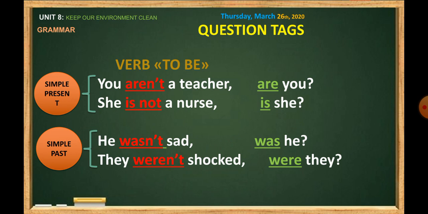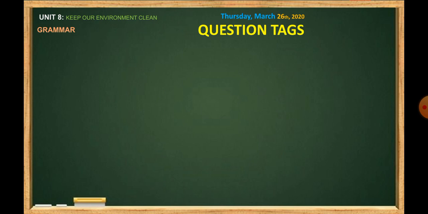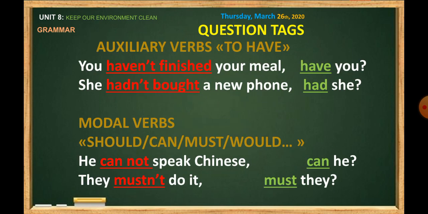For plural you have they weren't shocked were they. Then you have they it's here, and were, but here it's weren't negative and positive. They weren't shocked were they. lovely. Let's move to the other cases.